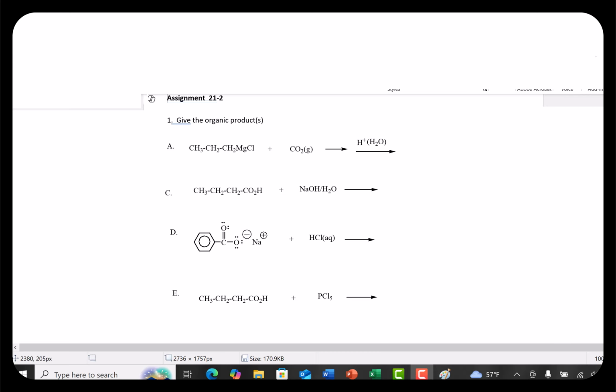All right, let's start looking at the problems in the assignments. There are 6 assignments altogether. Assignment 21.1 deals with nomenclature and physical properties. I think those ideas are fairly straightforward.